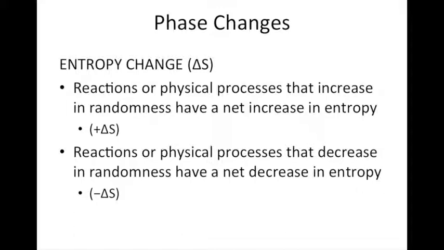Reactions or physical processes that decrease in randomness, so if the substance is being condensed, maybe from a gas to a liquid, then you're losing some of the randomness and disorder because liquids are more ordered than gases, and solids are even more ordered than those two. So a process that decreases in randomness has a negative delta S value, and it's decreasing in entropy.